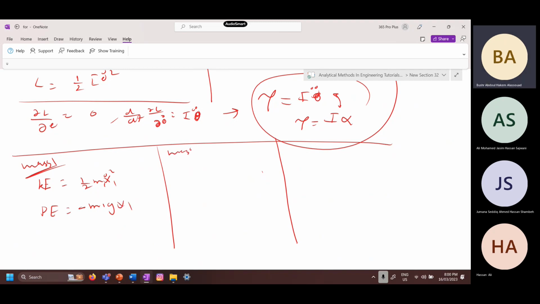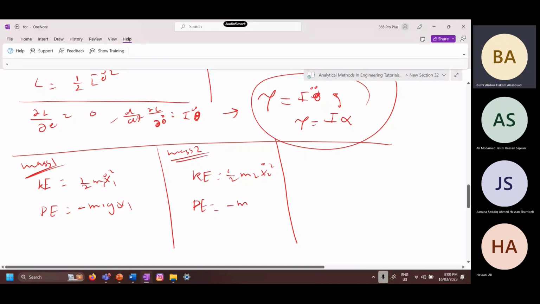As for mass 2, we get a kinetic energy half m2 x2 dot squared, and the potential energy negative m2 g x2.